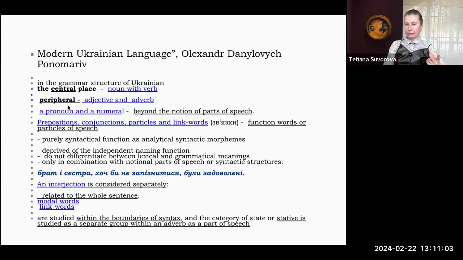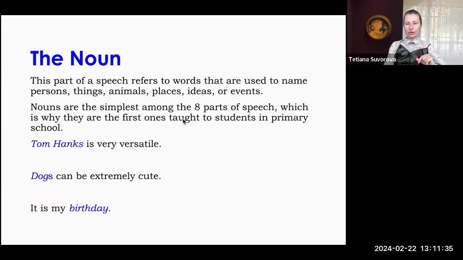And then those that substitute, pronouns and numerals, and then prepositions and other parts of speech that serve the function of linking the words together within the sentence. Also some emotional parts of speech to express emotions, interjections, also in both languages. Modal verbs and link verbs also in both languages. So it's in general terms. Now the noun.